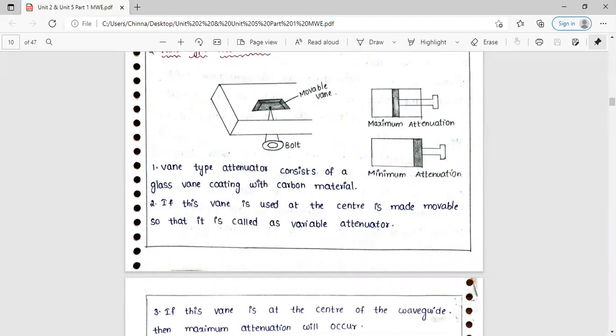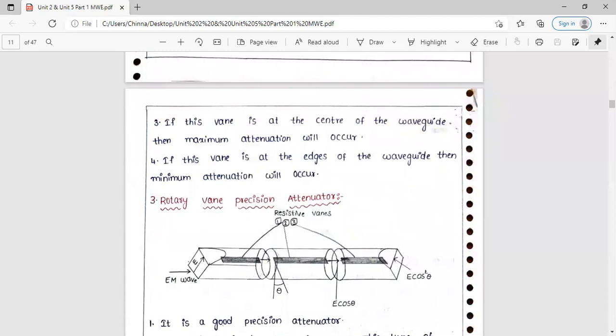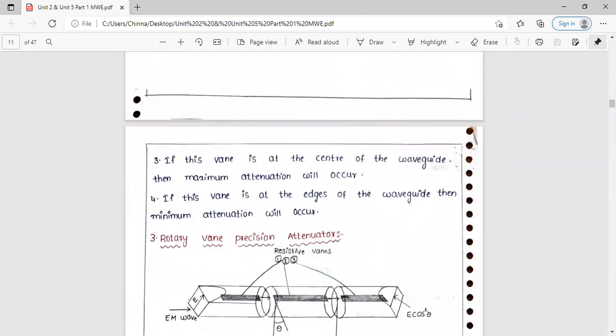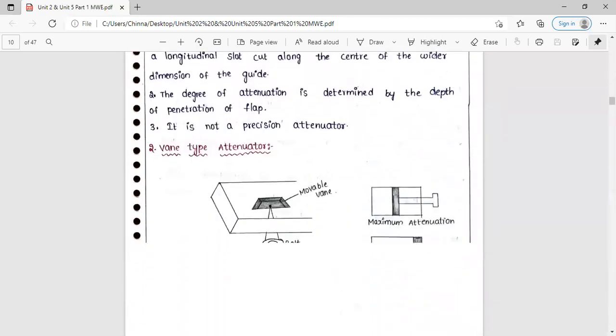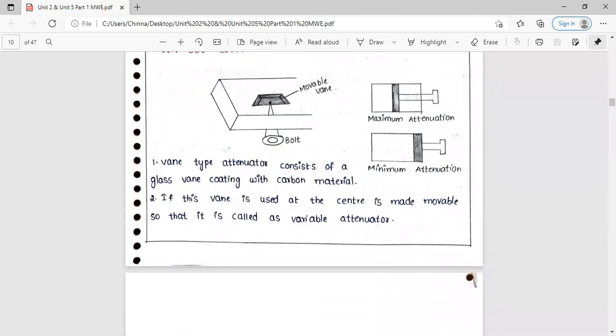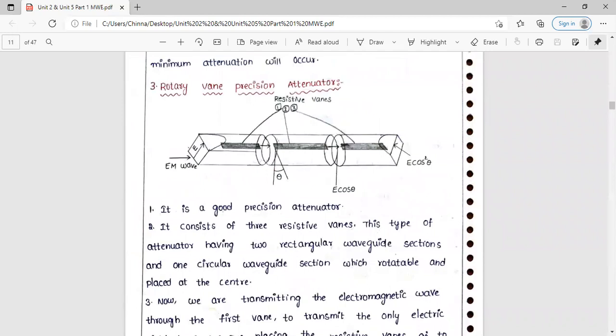This is the vane type attenuator represented. Both the vane type and flat type are used for the rectangular waveguide only. You can see in the diagram that a rectangular shaped waveguide will be utilized, and the rotary vane precision attenuator.